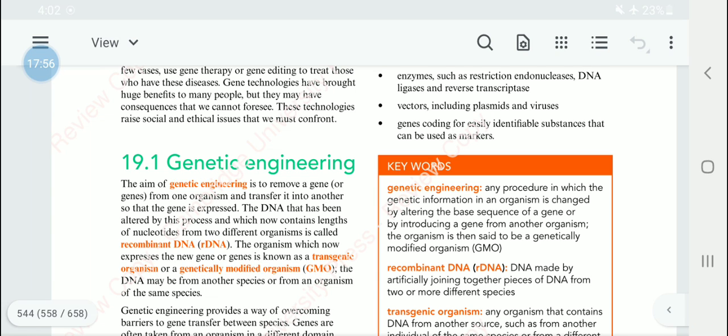And the organism which shows or expresses the new gene would be known as transgenic organism or genetically modified organism, within brackets, GMO.